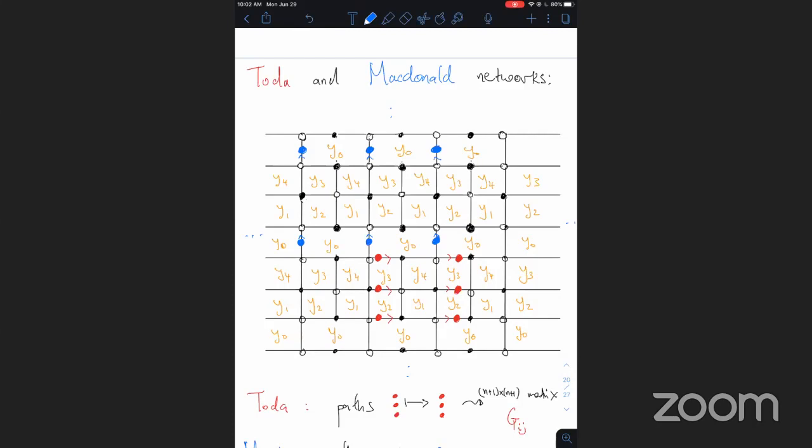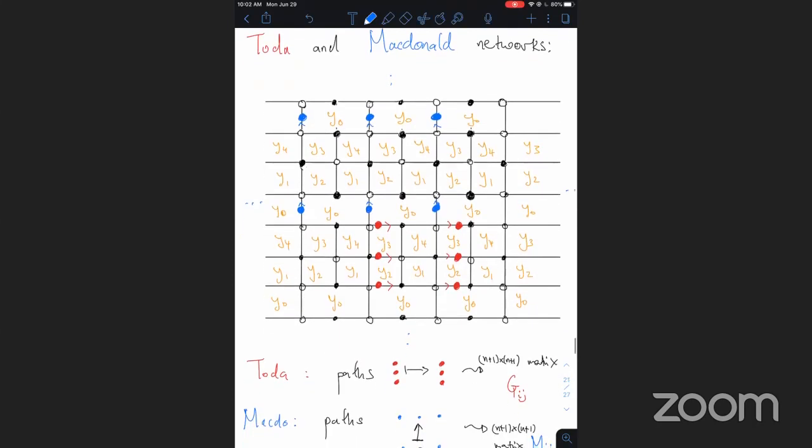The first observation is that we can obviously spot inside of here, as we scan along in the horizontal direction, a copy of our familiar network we use to compute the Toda Hamiltonians. Namely, if we come down here and isolate this little piece of network that I put these purple braces around, we see exactly a copy of our familiar Toda network.